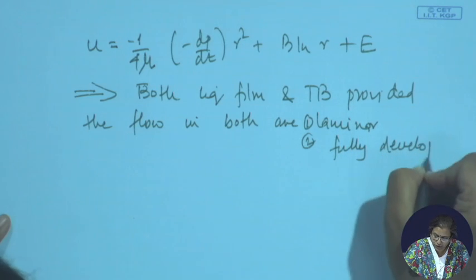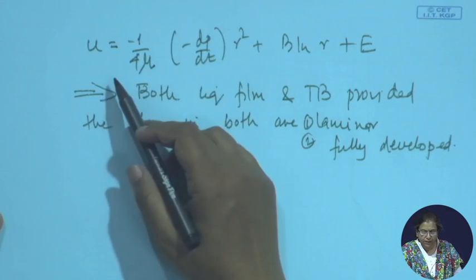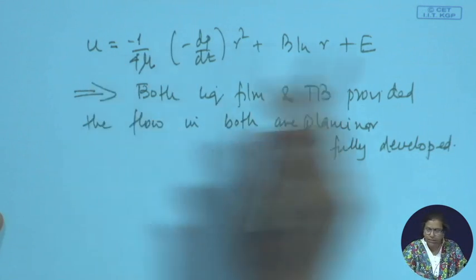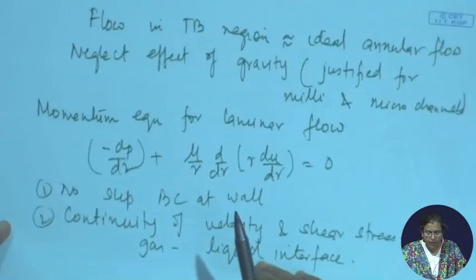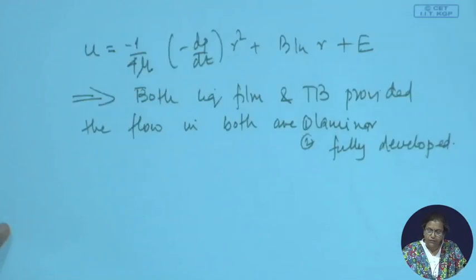Then we can use this to find out u, and using the boundary conditions as I have mentioned, the no slip boundary condition at the wall and the continuity of velocity and shear stress at the gas liquid interface, we can solve it and find out u_I.